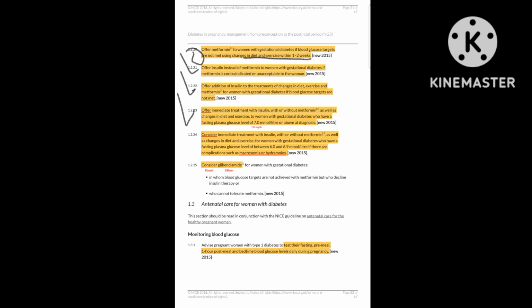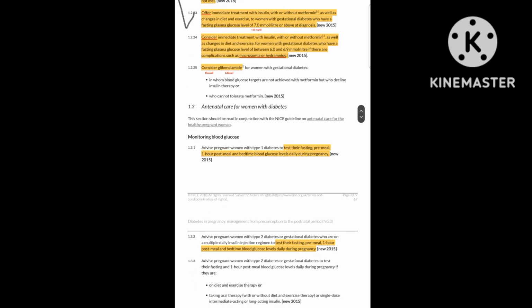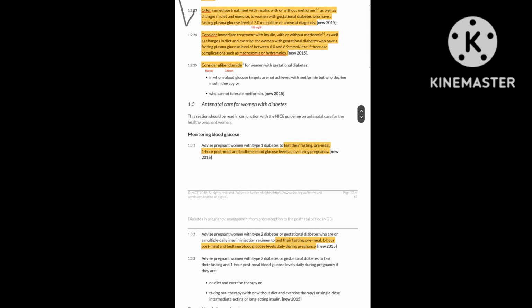Offer immediate treatment with insulin, with or without metformin, as well as changes in diet and exercise, to women with gestational diabetes who have a fasting plasma glucose level of 7.0 millimole per liter or above at diagnosis.